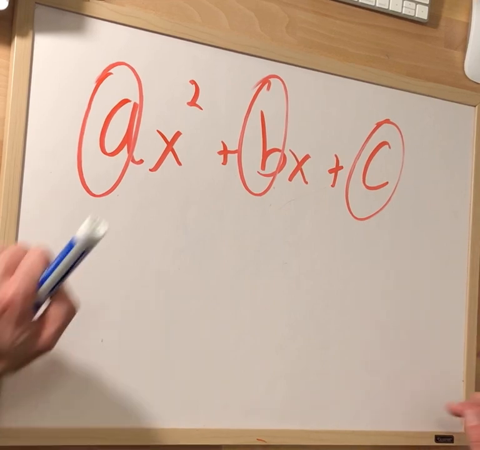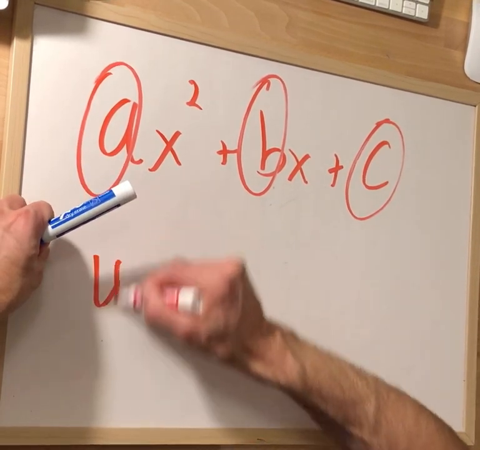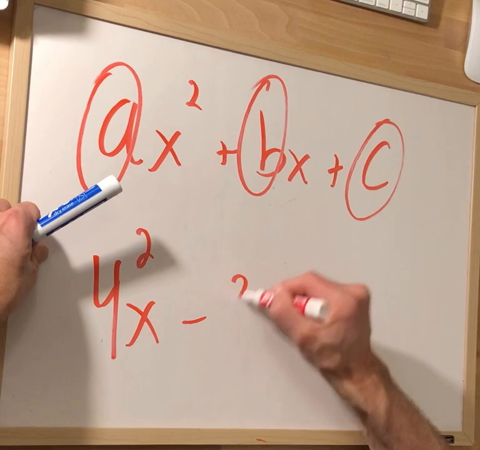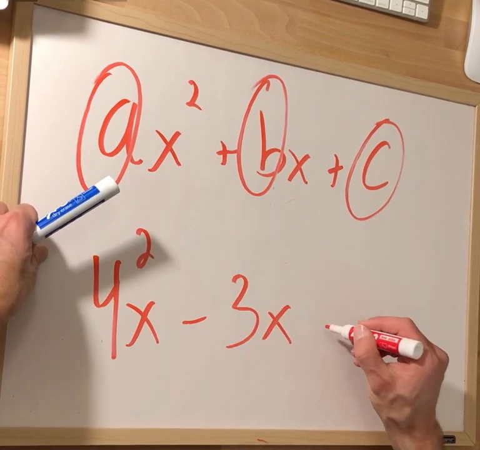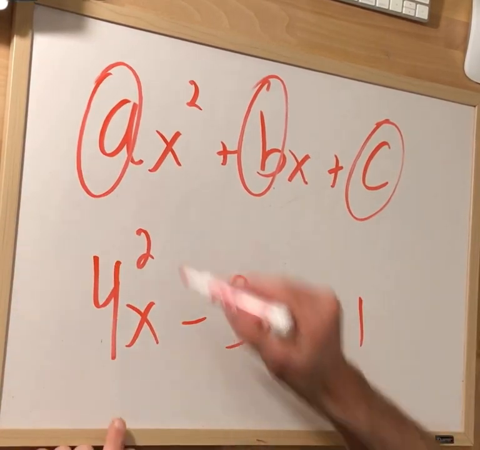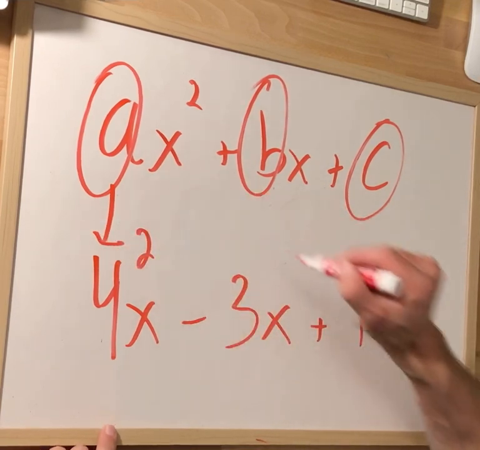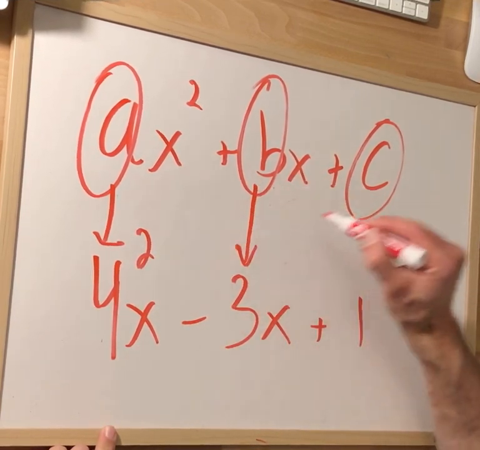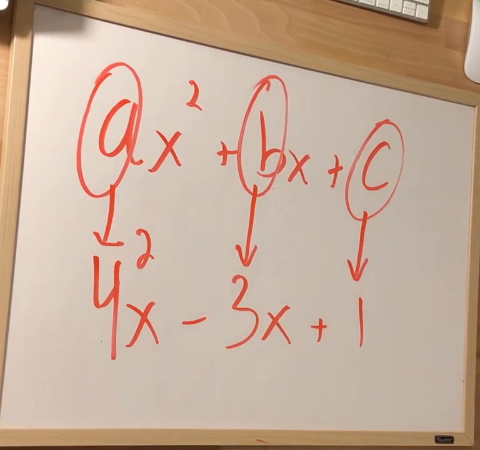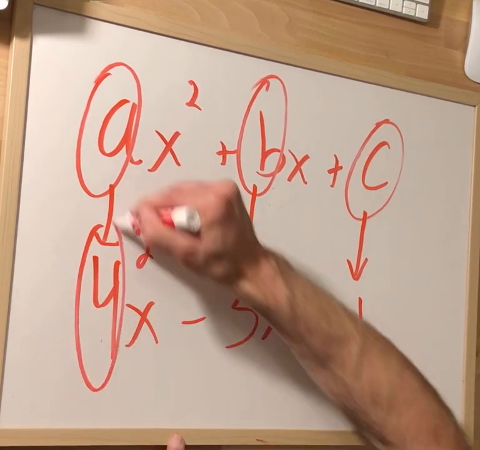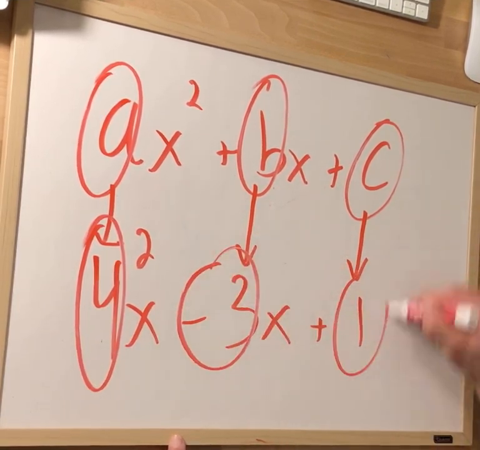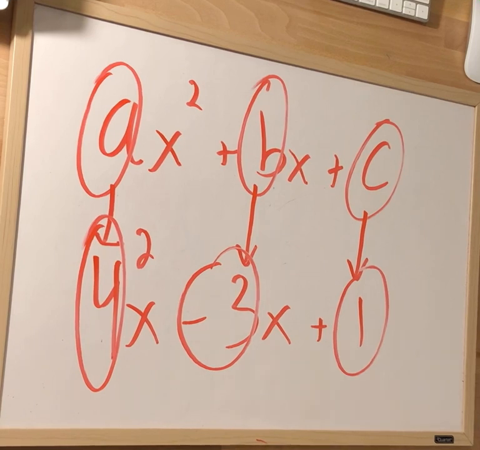So in an equation like the last equation, 4x squared minus 3x plus 1, notice your a is 4, your b is a negative 3, and your c is a 1.